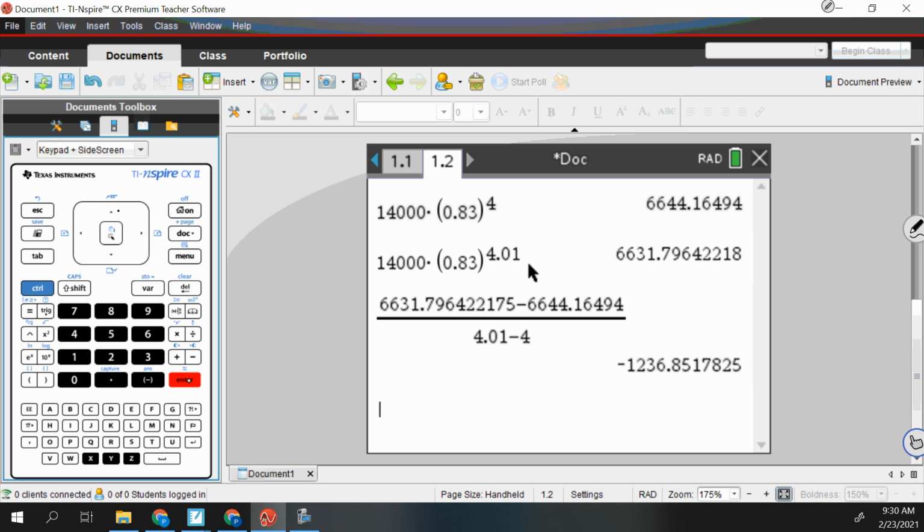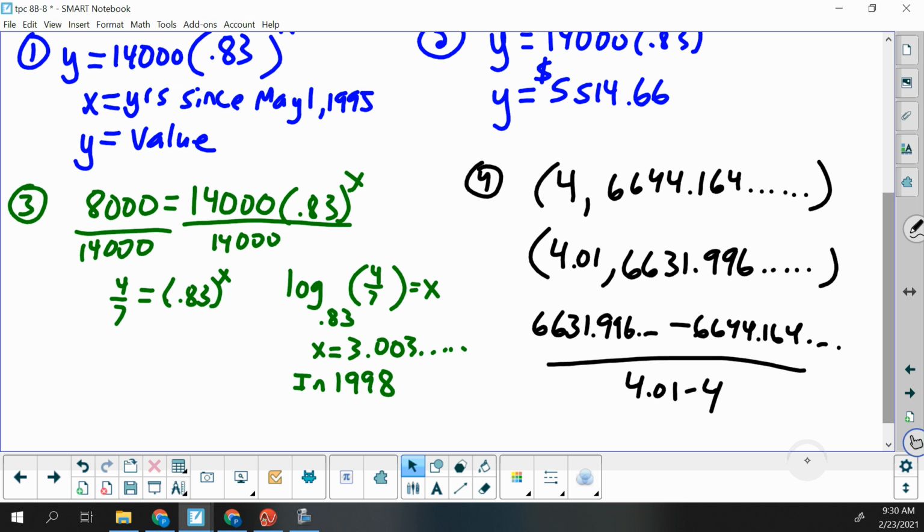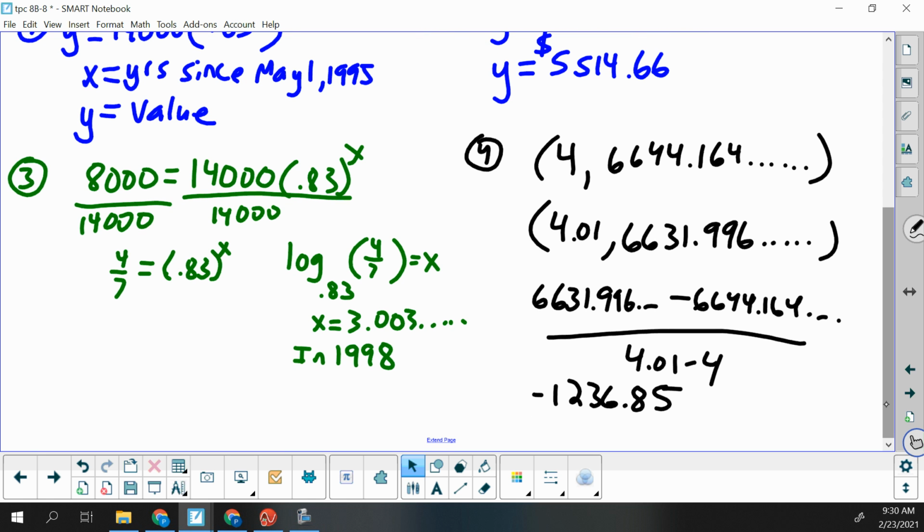So it didn't say where to round to, so we'll keep it out to a couple spots, maybe the hundredth. So we're going to have minus 1236.85. And now we need units. Well, your rate's units will always be something per something. Well, a slope is your y's over your x's.